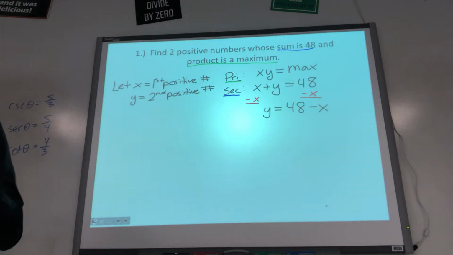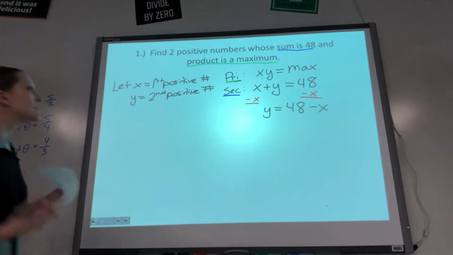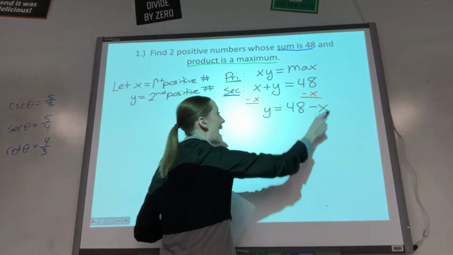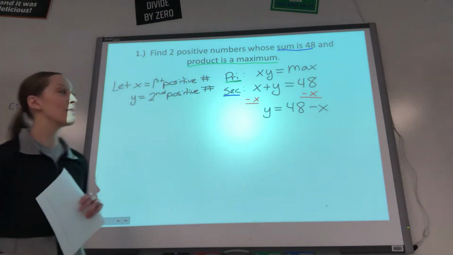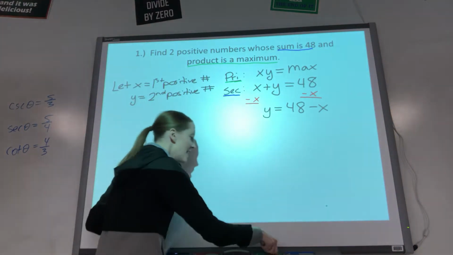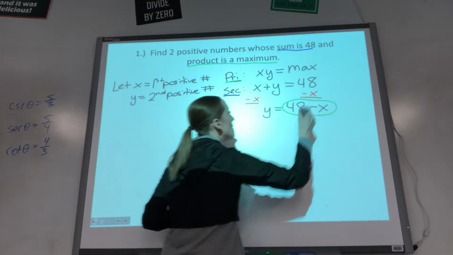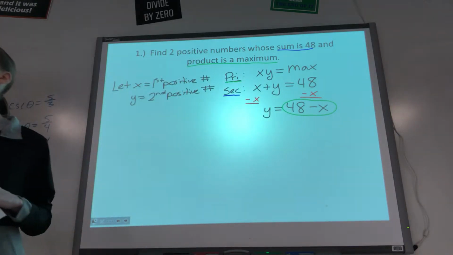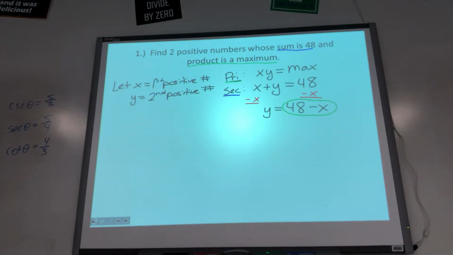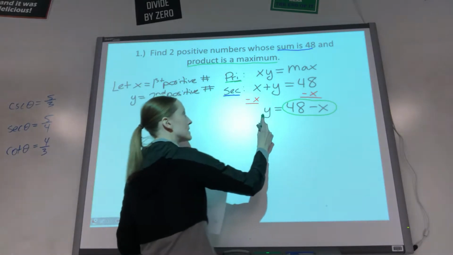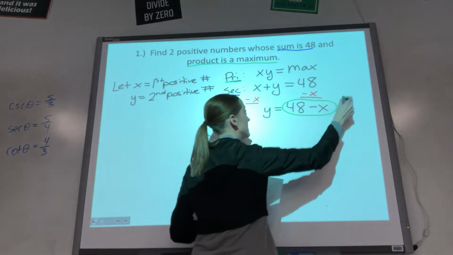So I did that, and then it says substitute that expression. I'm getting a lot of colors up here. Substitute that expression back into the primary equation. So this is what y equaled.